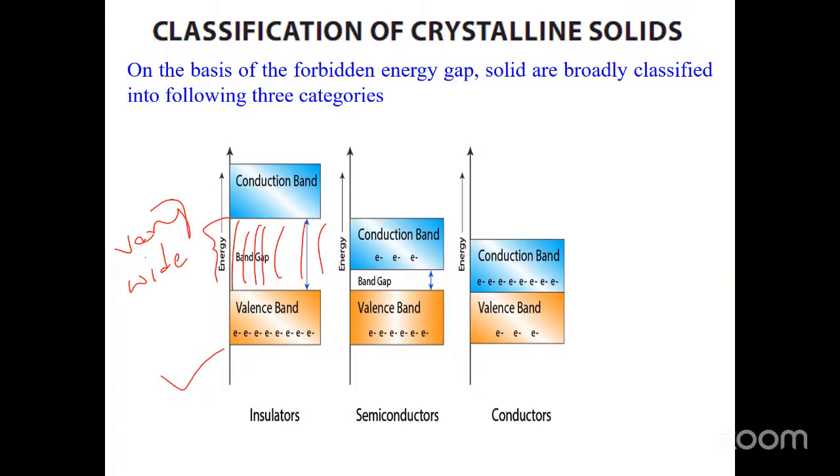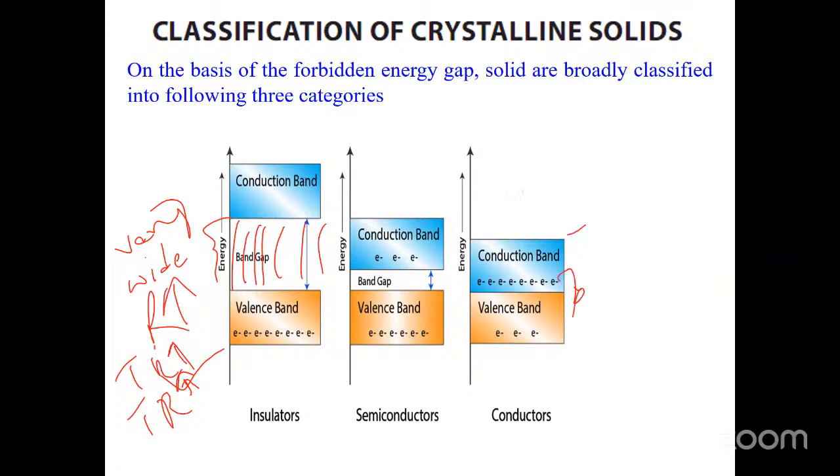The resistance R value is very, very high. At normal room temperature the resistance is high, and by increasing the temperature the resistance also remains high. Is it clear?